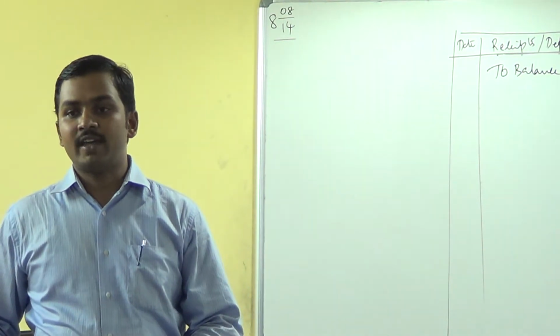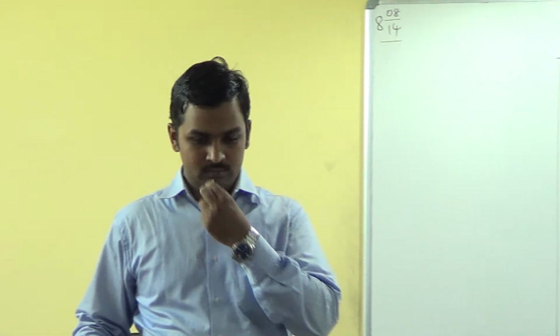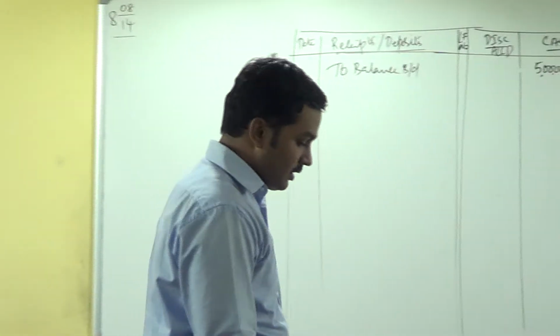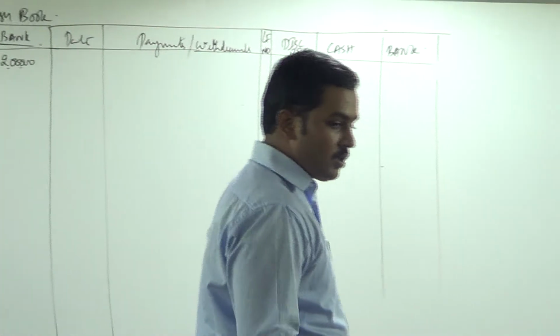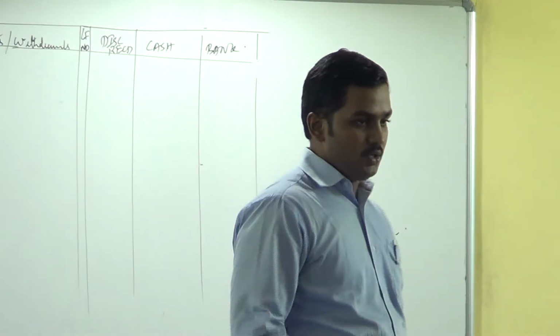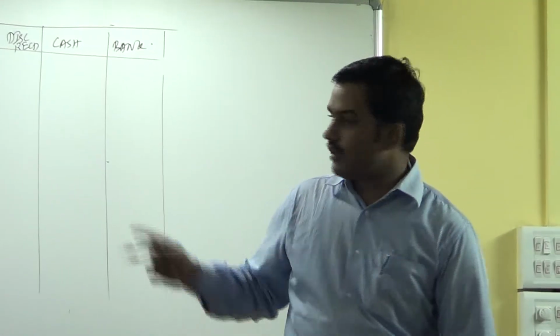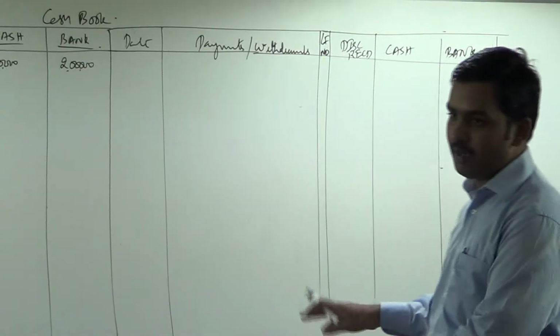Goods sold for cash 1 lakh. Now tell me, where should you record it? Normally we record it on the cash book receipt side. Do we have the cash book here? Yes. Both cash book and bank book are maintained in the same book, no?